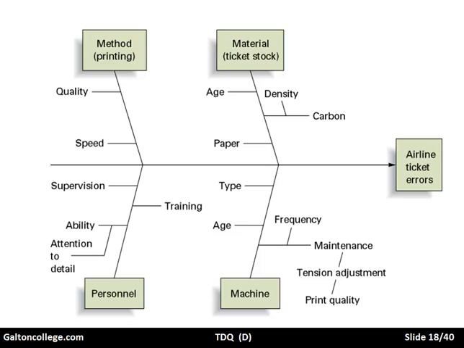If you look ahead in practice, say airline ticket errors, well, the errors could be caused by the quality of the paper for the ticket, and the quality of the paper may depend on the age of the paper, and it may also depend on the type of carbon that's used for airline tickets.